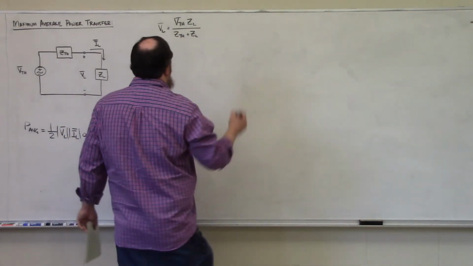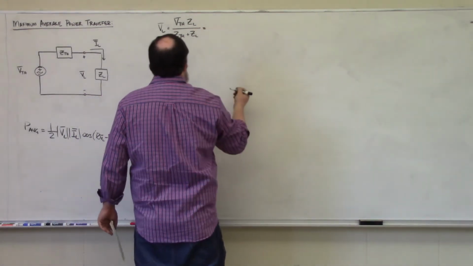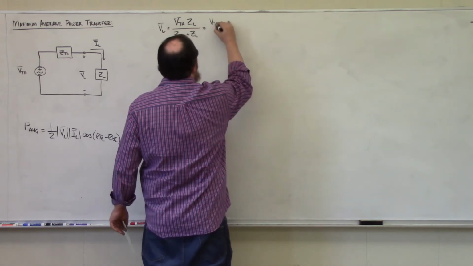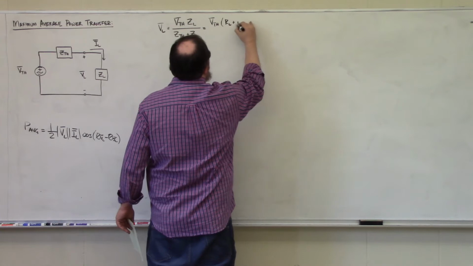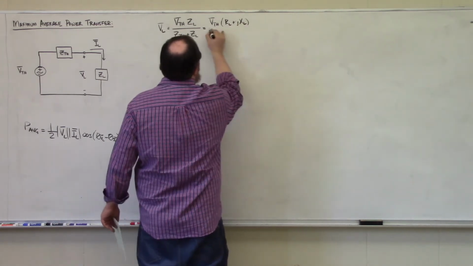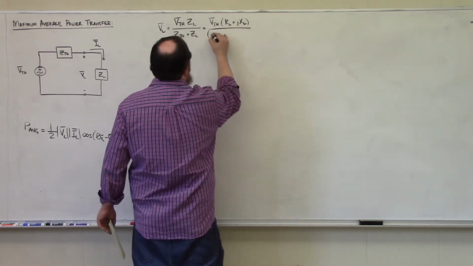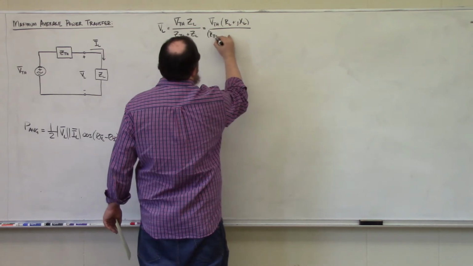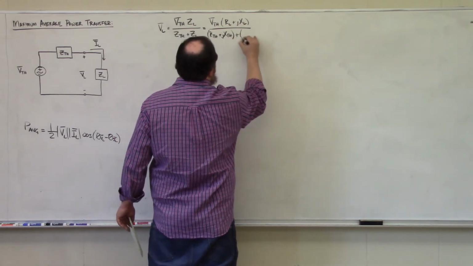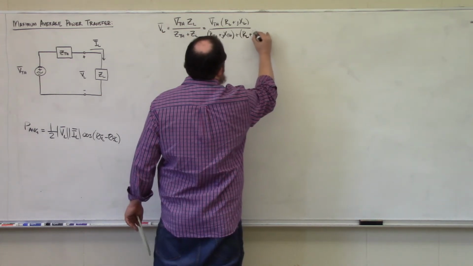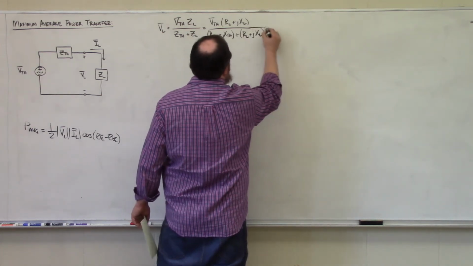Using our rectangular form for our impedances, we find then that this is VTH times RL plus jXL divided by RTH plus jXTH plus RL plus jXL.